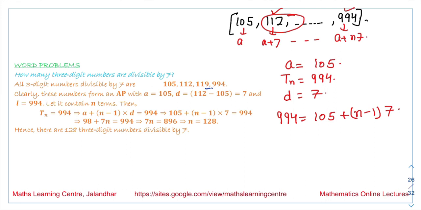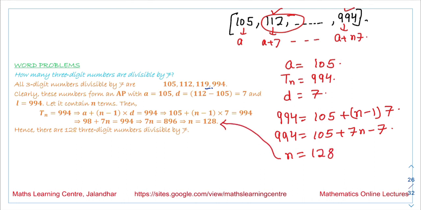On solving this, we get 994 is equal to 105 plus 7n minus 7. So the value of n we get is 128. So this term in this sequence is the 128th term. So we have 128 3-digit numbers divisible by 7.